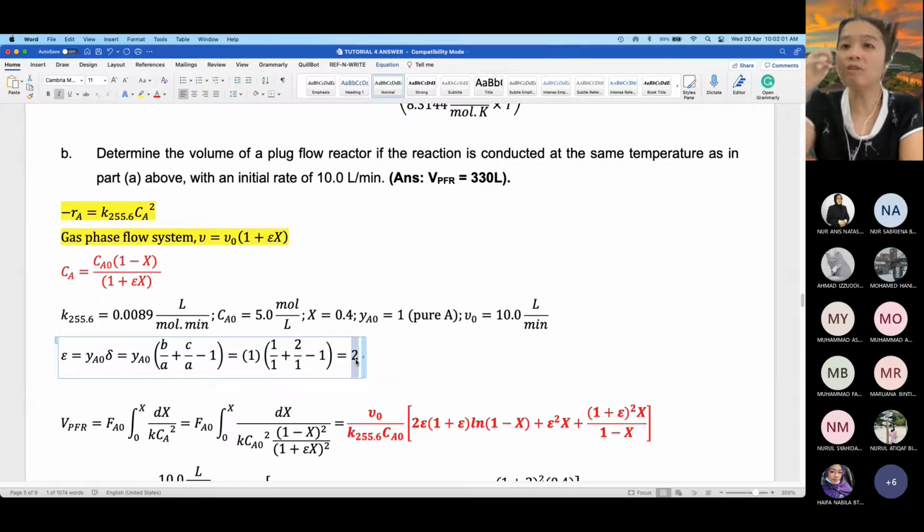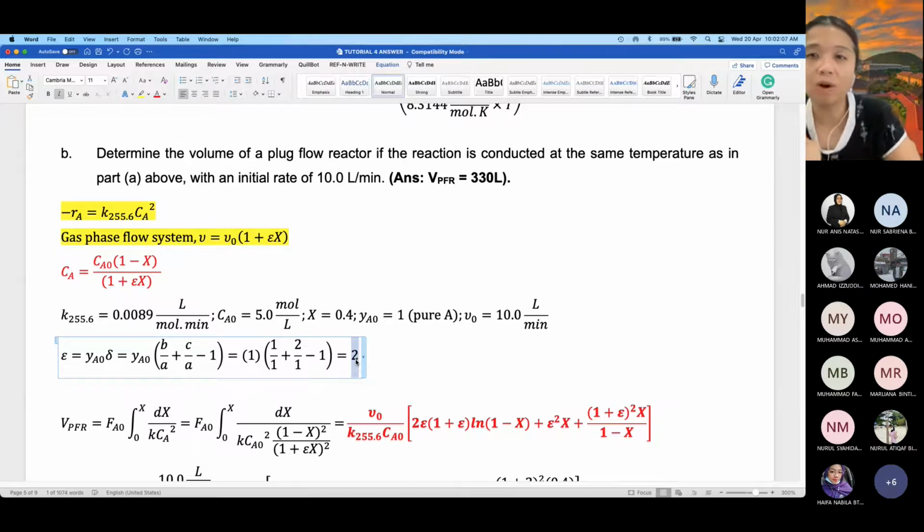So as I told you before in lecture previously, epsilon ni boleh jadi negatif, boleh jadi positif depending on the reaction. So if let's say you get negative pun tak apa, if you get positive pun tak apa, asalkan you calculate correctly. So the possibility of getting negative or positive epsilon is normal.